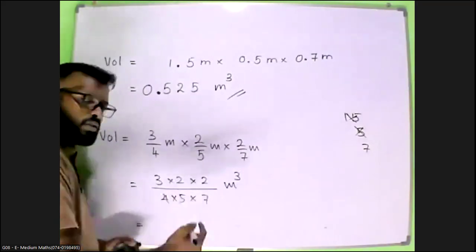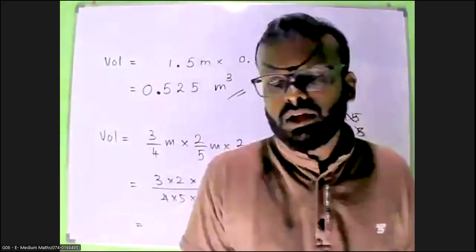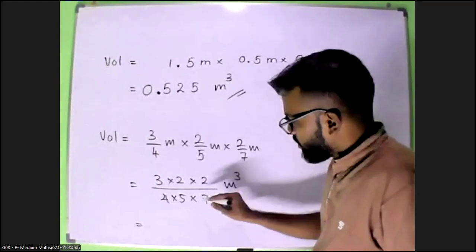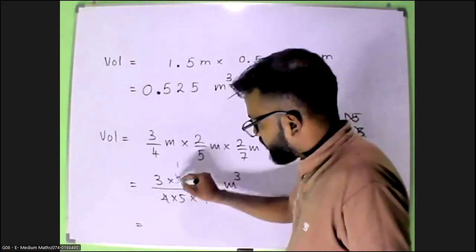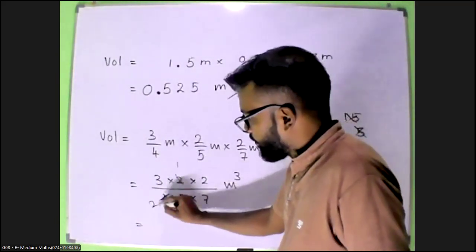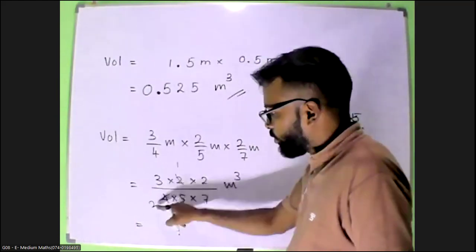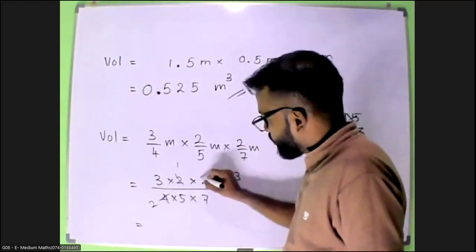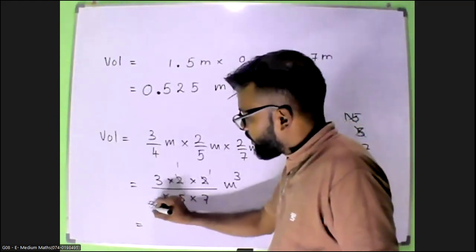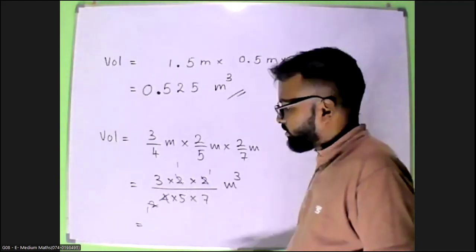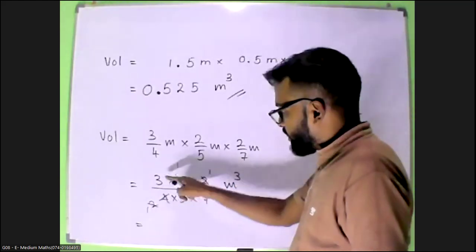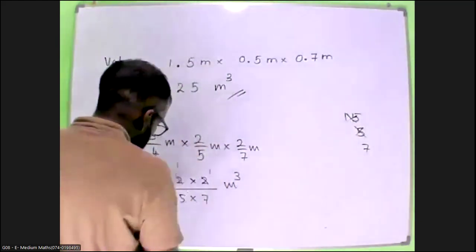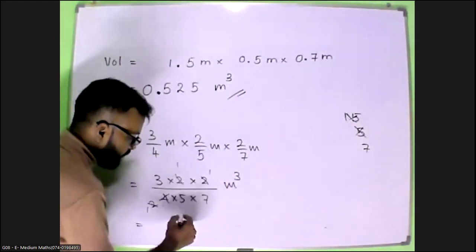Right? So can you simplify in the numerator and the denominator? Yes. 2 times 2 is 4, then here 2 times 1. Very clear. So in the numerator you have 3 times 1, 3.